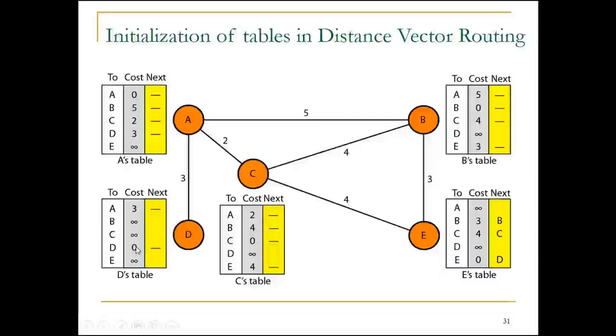When it comes to D, same concept. Obviously, D to itself is 0, but D to A is 3, right? D to B will be infinite because it has to go through another link of A, which it's yet to find out at the initialization level.